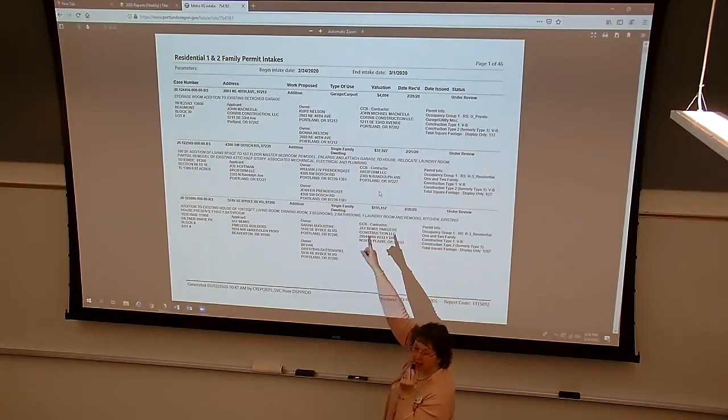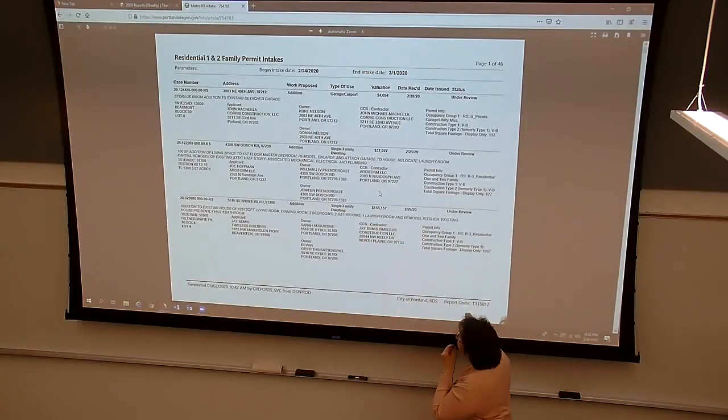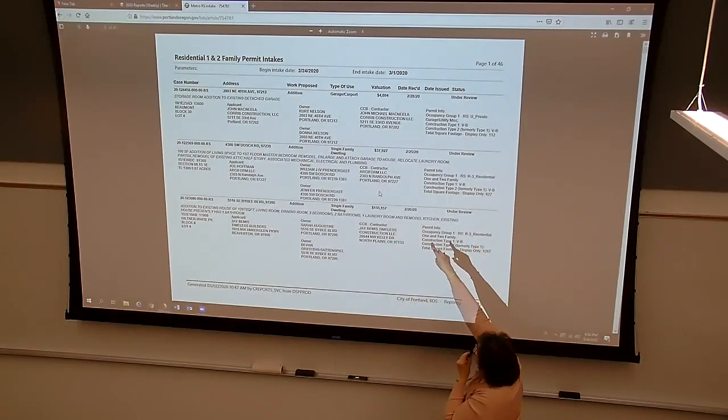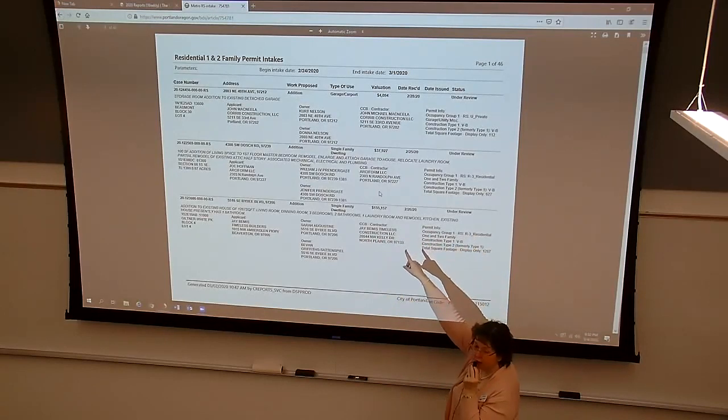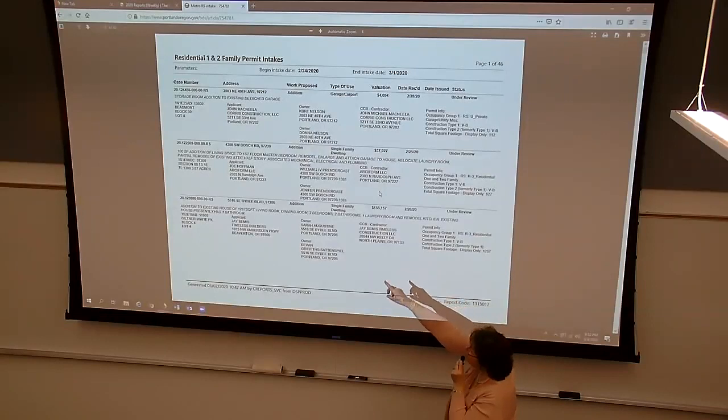This is an intake on 3/1, so not as big, but they're giving you an idea of jobs. There's a $37,927 valuation. Here's the contractor, and there's what they're going to do. They're going to attach a garage to the house, relocate a laundry room, and do a partial remodel.